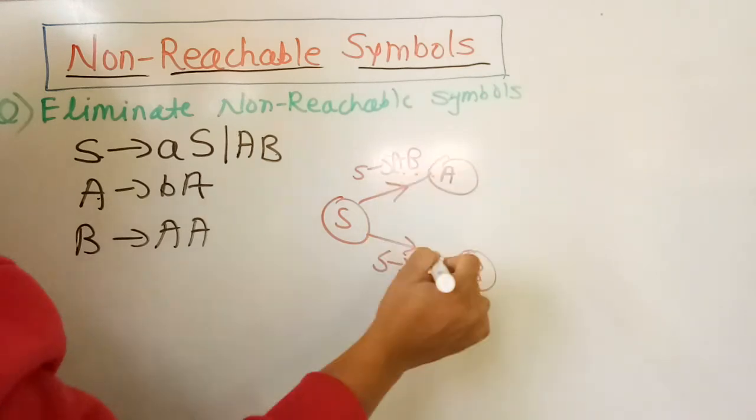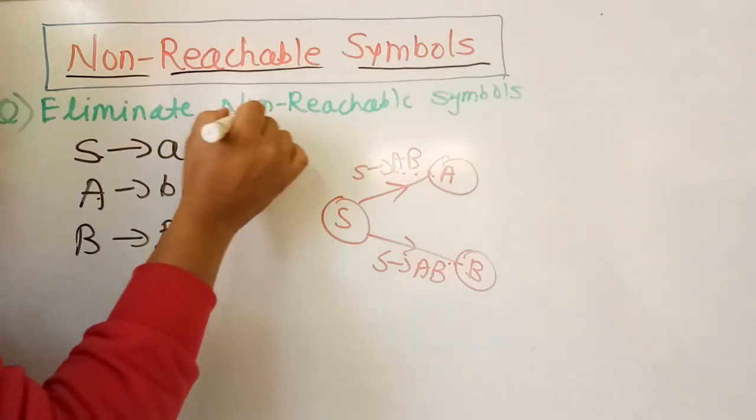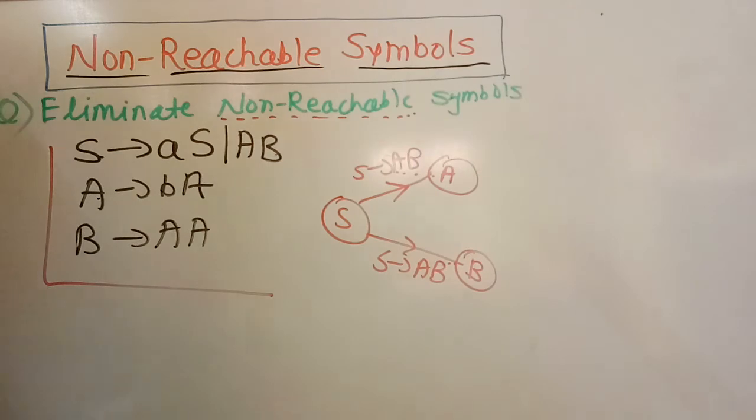This is for A and this is for B. Now, after clearly seeing this grammar, we can conclude that there are three variables, that is S, A, B, and all three are reachable from the starting non-terminal. So there is no variable which is non-reachable. So every symbol is reachable, which means the final answer is the same as the given grammar.